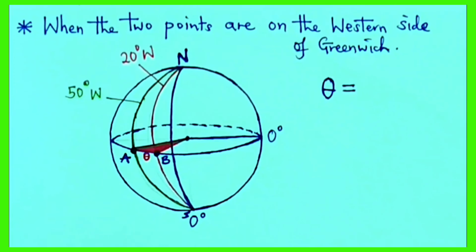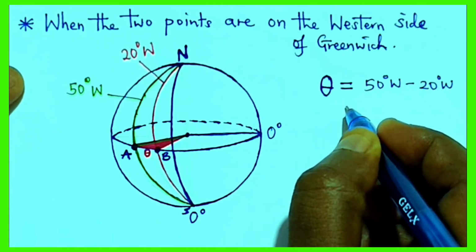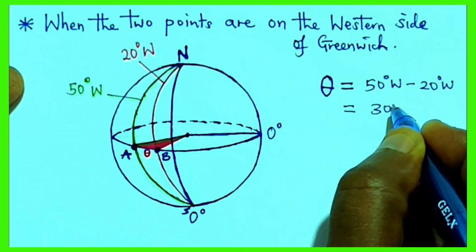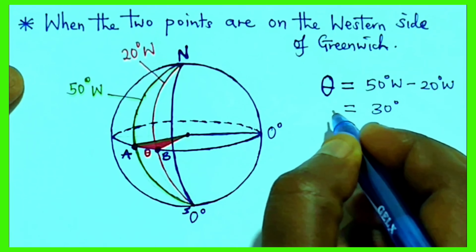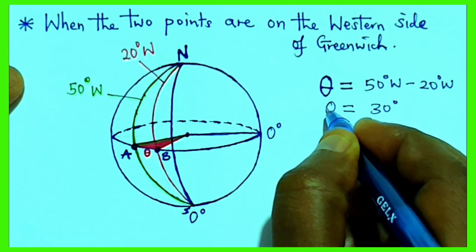So we're going to have 50 degrees west to subtract 20 degrees west. So you're going to get here 30 degrees. So this is the point difference. So 30 degrees here will represent the longitude difference between those 2 points.